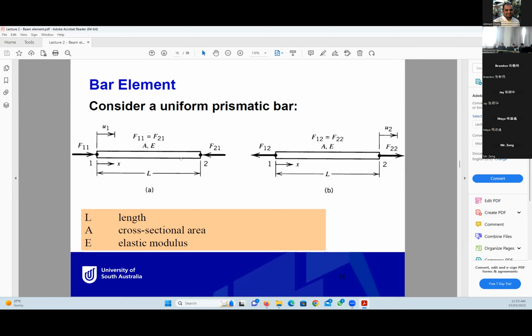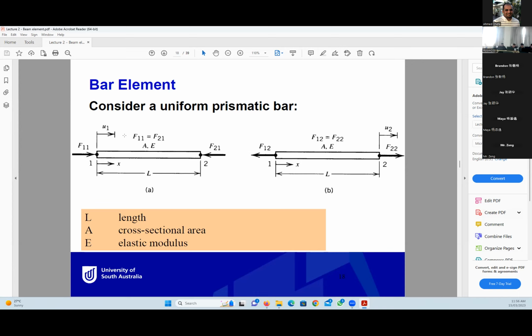We consider the consequence of the deformation U1 on forces F1 and F2, and the consequence of deformation U2. So U1 will cause F11 and F21, and U2 will cause F12 and F22.